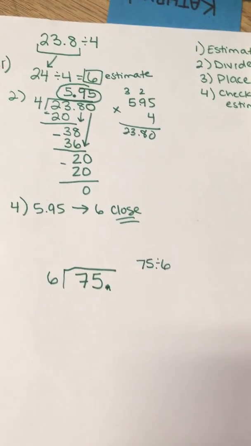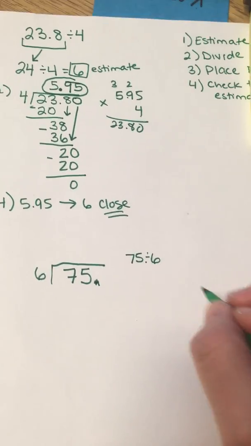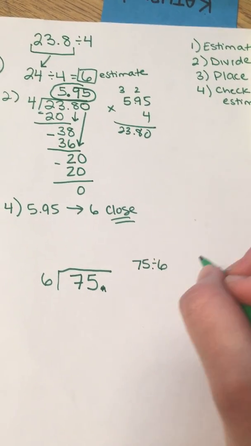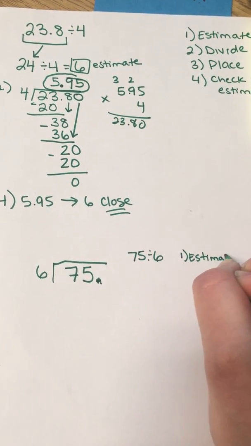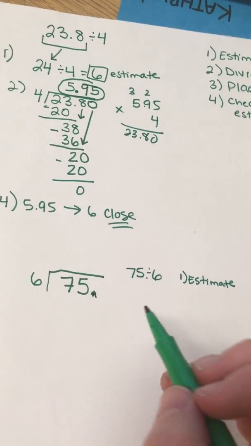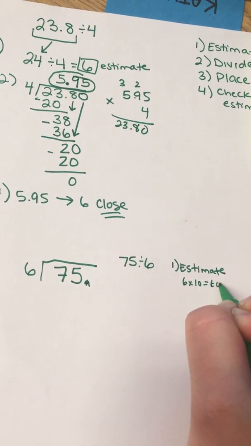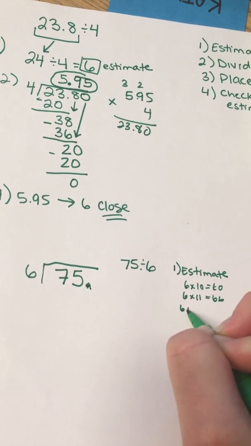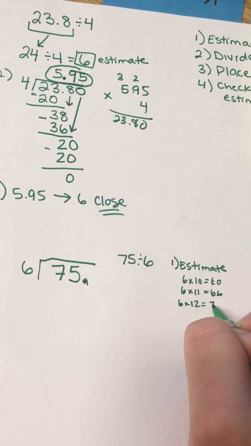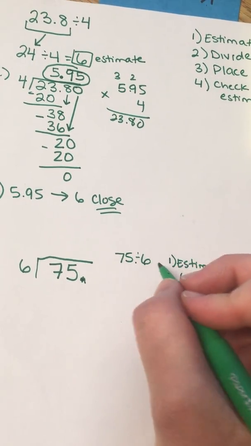Why don't you take a couple minutes to think of a reasonable estimate for yourself? My estimate, I know that 6 times 10 is 60, 6 times 11 is 66, 6 times 12 is 72. So I'm going to say my estimate is about 12.